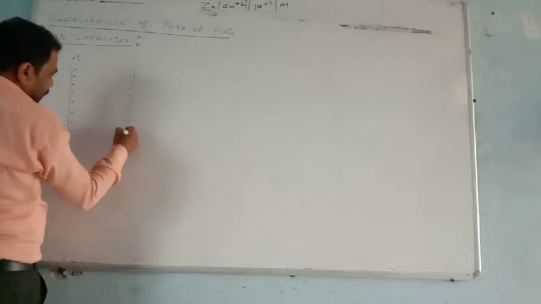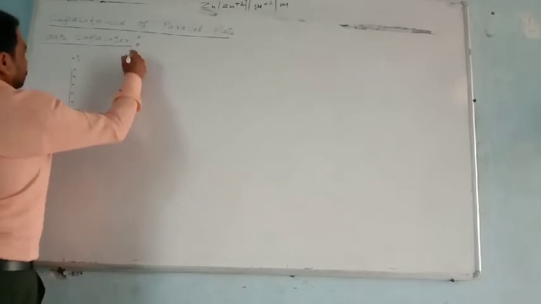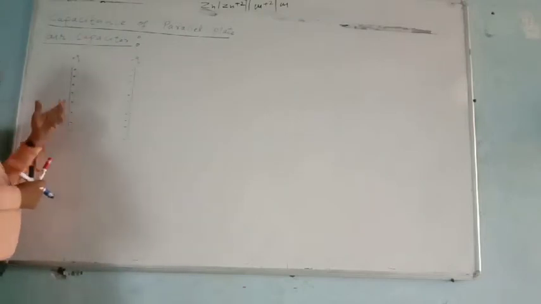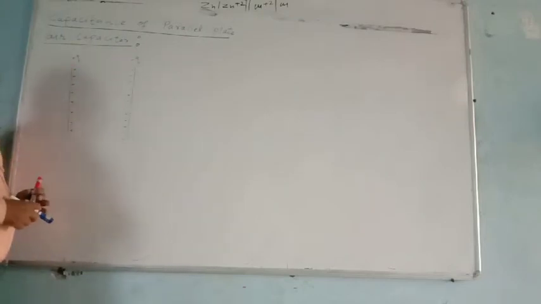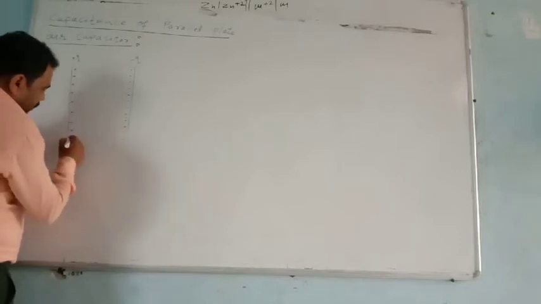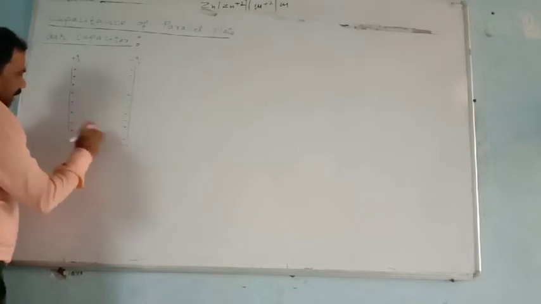You should keep in your mind these two charges, positive and negative, they are on the surface of plate, and these two plates must be parallel to each other, having the distance small d between them. So small d is the distance between two parallel plates.